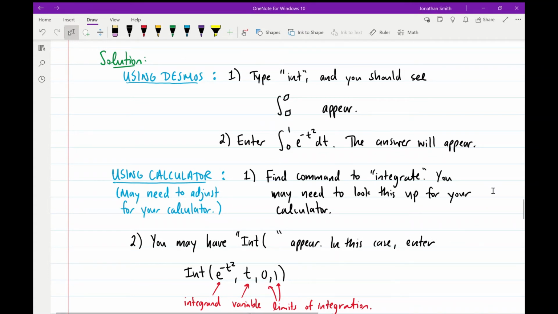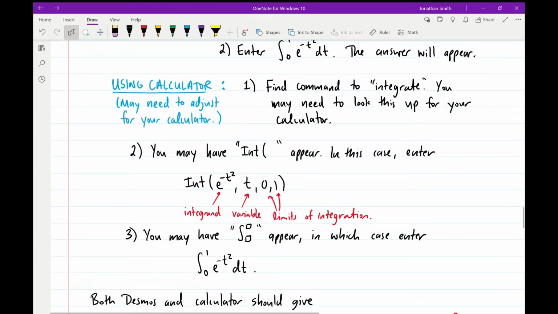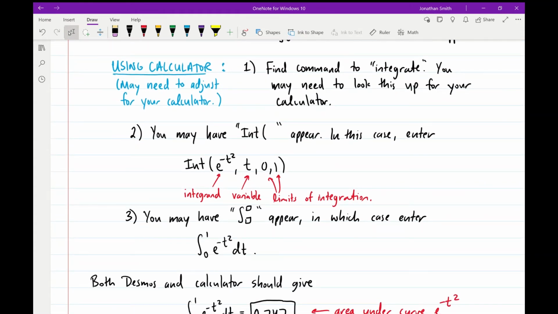Okay, so for Desmos, doing this calculation really isn't too bad, and the same thing happens for the calculator. The calculator is also set up really nicely, but calculators can be a little bit different from calculator to calculator, so you might need to look up how to do it on your specific calculator. Just go on the internet, it should be pretty easy to find. A couple of different things can happen when you look for that integrate function on your calculator. You might have this int with a parenthesis show up.